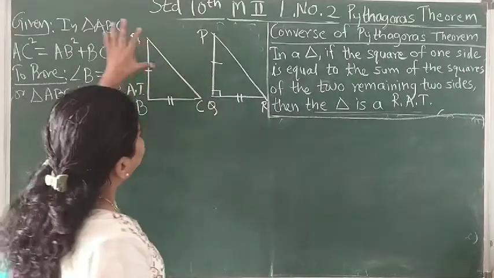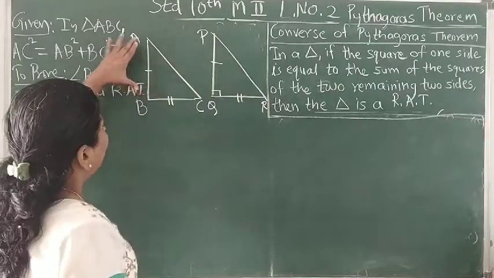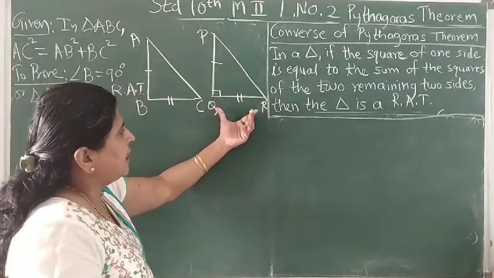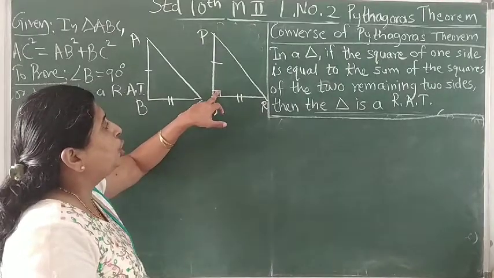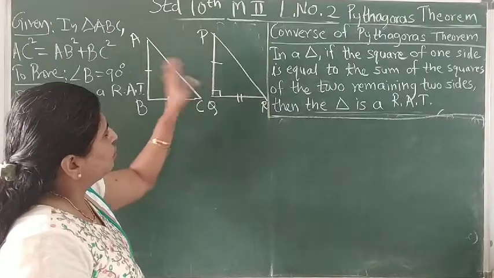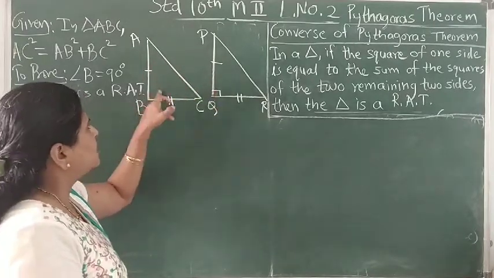So what we have done in construction is we have drawn another triangle PQR where AB and PQ are the same, BC and QR are the same. Only we will say that Q is a right angle. And if we can prove these two triangles congruent, then we can prove this is 90, this is also 90.